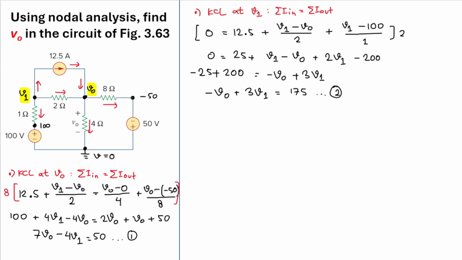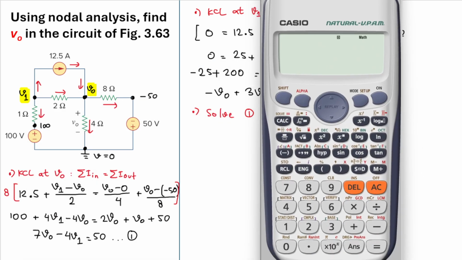And what we can do here is to solve for v0 and for v1. So I will solve 1 and 2. Okay, and then how to solve it? I think the fastest way to do it is by using a calculator, right? So let's pull out our calculator here. And here it is.